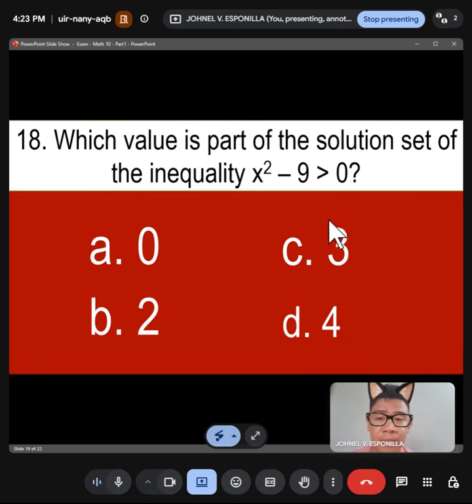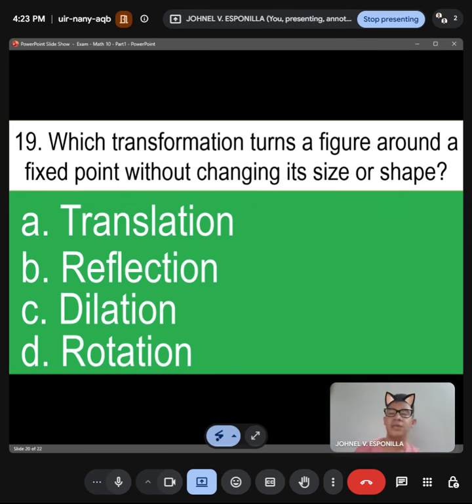Kung c naman po, 3 squared is 9, 9 minus 9 is equal dapat siya sa 0. And letter D naman, 4 times 4 is 16. 16 minus 9 is 7, which is greater than 0. Letter D.